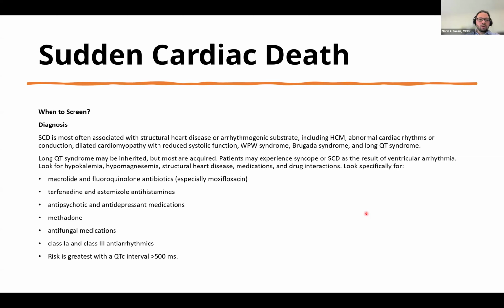Long QT syndrome may be inherited, but most cases are acquired. Patients usually have syncope or sudden cardiac death as a result of ventricular arrhythmia. So we look for hypokalemia or electrolyte abnormality, and we check the magnesium to make sure they don't have hypomagnesemia.